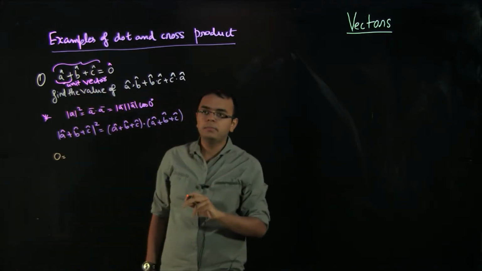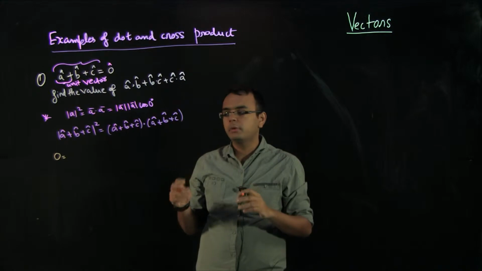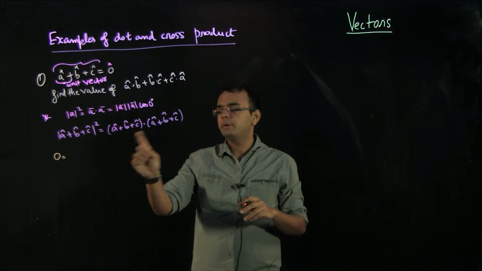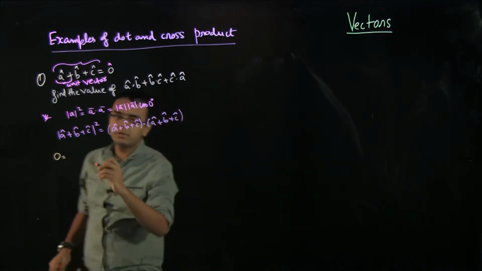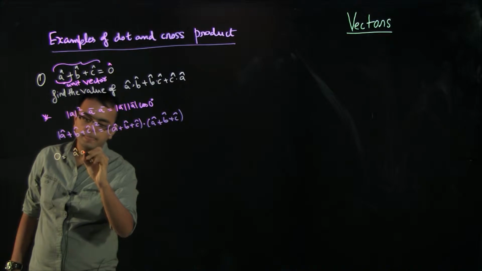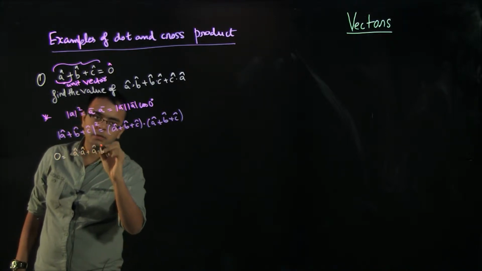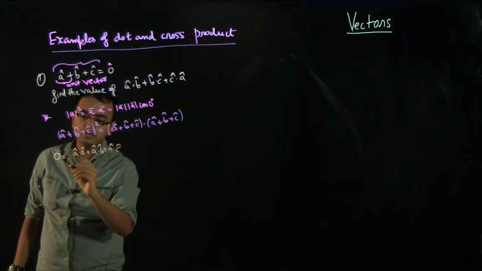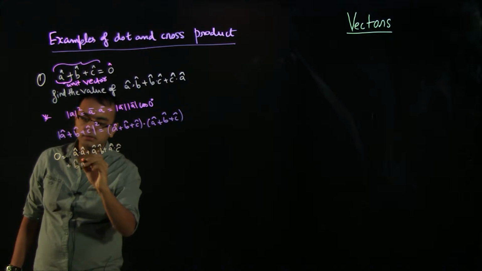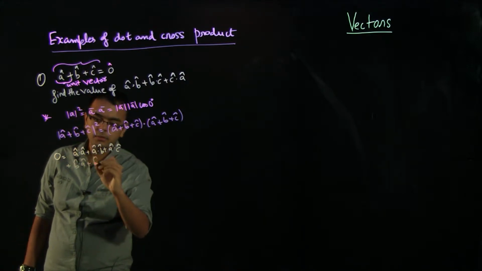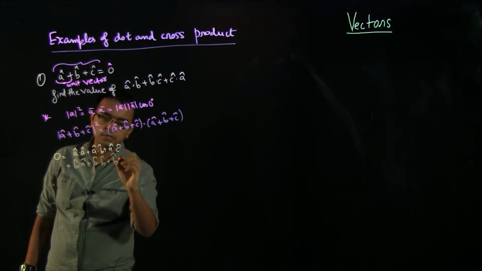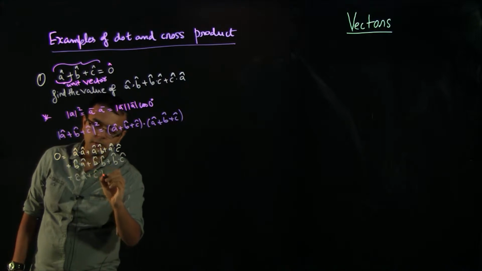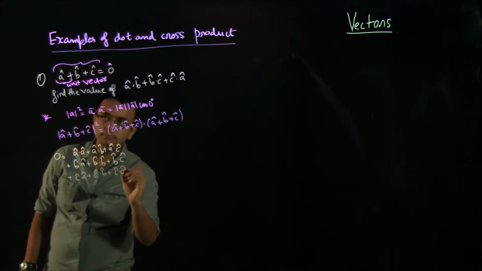And we can open this bracket up, so you should remember the distributive property. So we can initially take a dot a plus a dot b plus a dot c, so we have multiplied this with all three and added, then plus b dot a plus b dot b plus b dot c, plus c dot a plus c dot b plus c dot c.